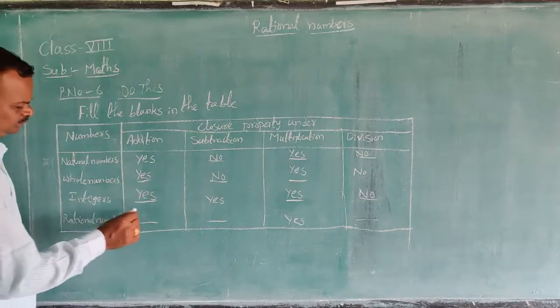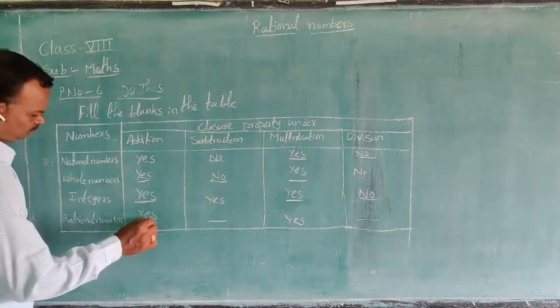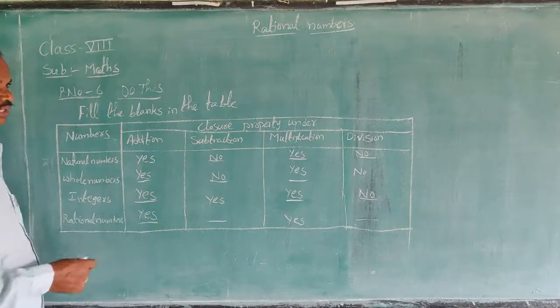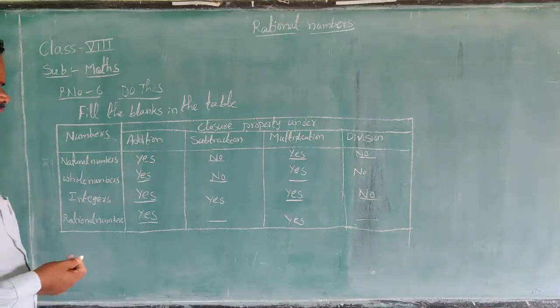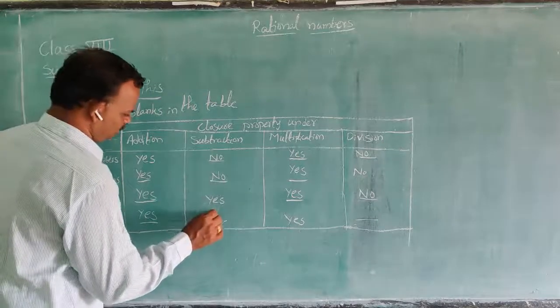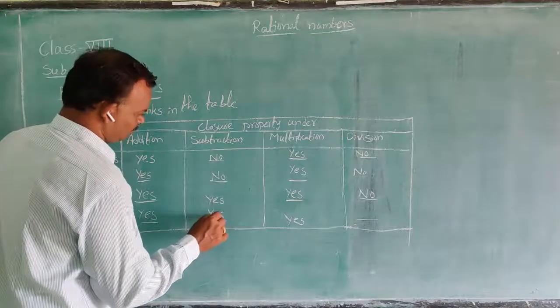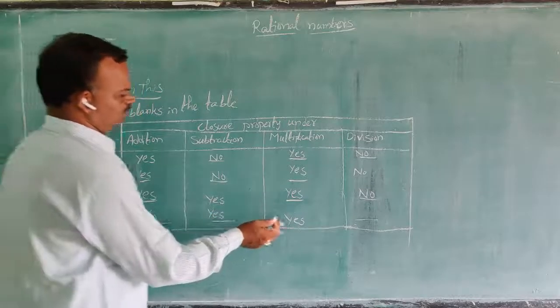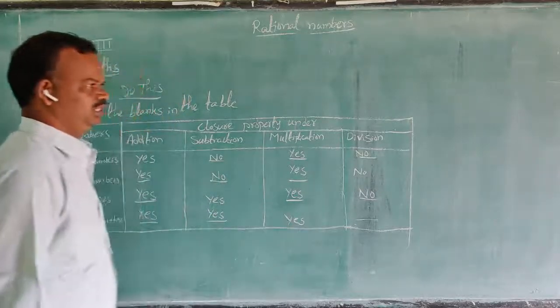Next, rational numbers. Yes. Any two numbers, we get a rational number, and subtraction is also yes.